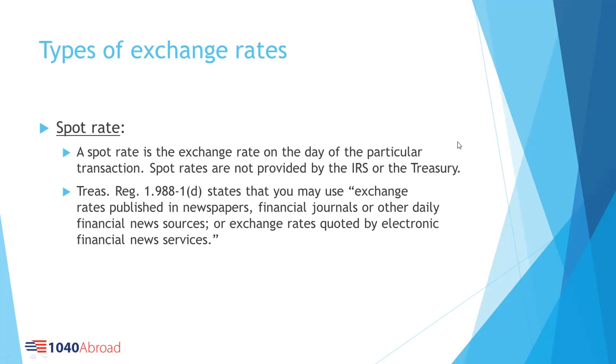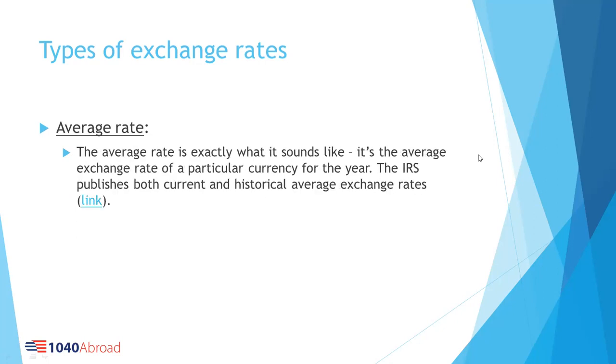Right, so one option would be the spot rate. The other option is the average rate. So we're preparing a 2020 tax return, for instance. We can use a source which would have added up and averaged the exchange rate for every day to come up with an average for the year.